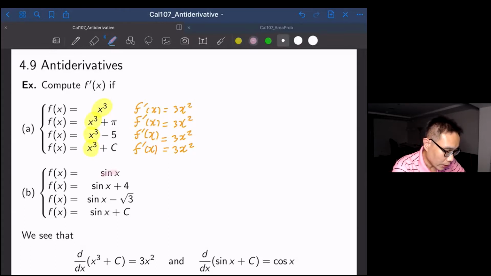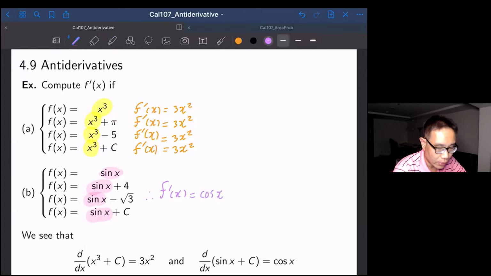You see that sine x is what matters, and when you differentiate a constant, you get 0. So for the second one, you have f prime x equal to cosine x.